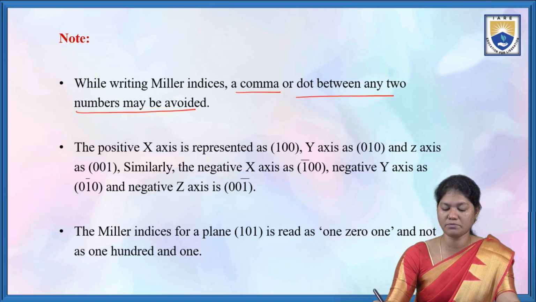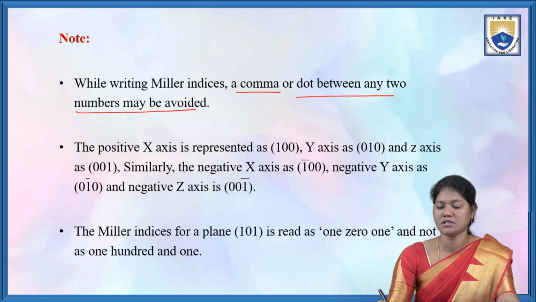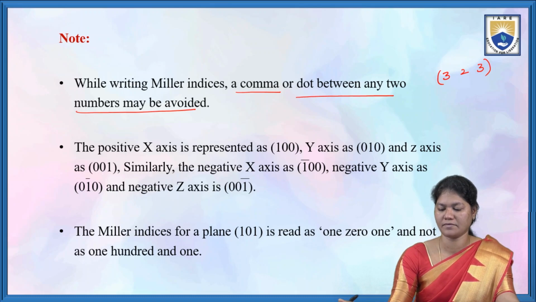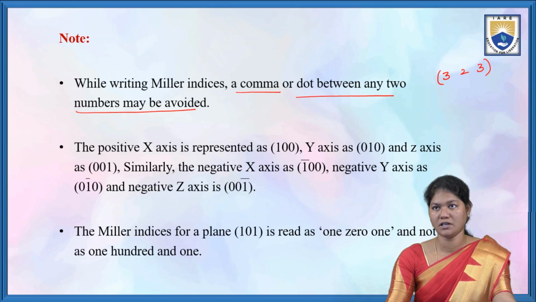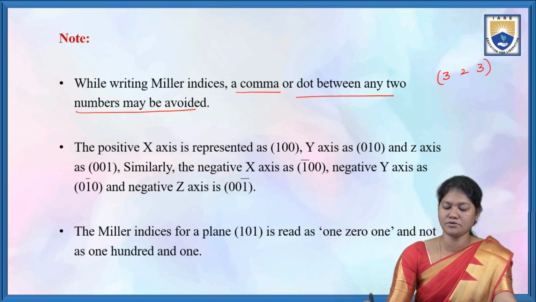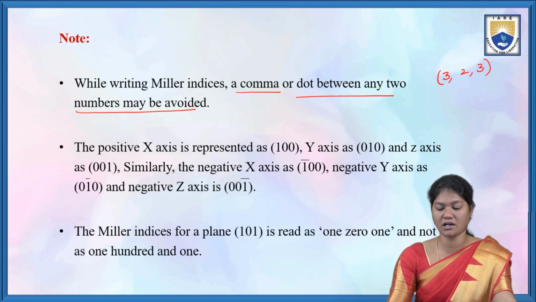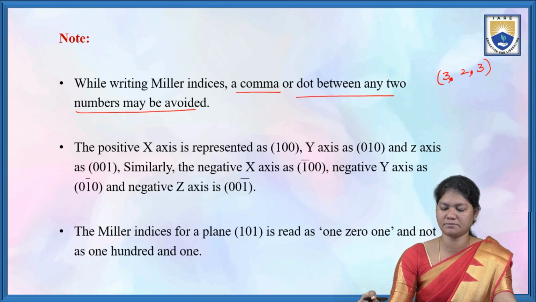We should not put any dot or comma. For example, we have written 3 2 3 in parentheses like this only. Like this we represent the Miller indices, without any comma or dot.